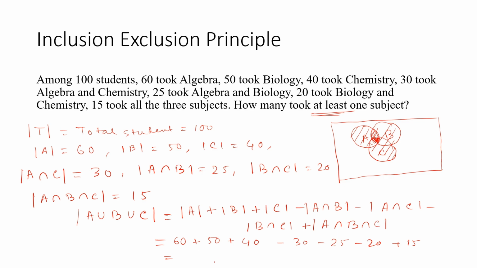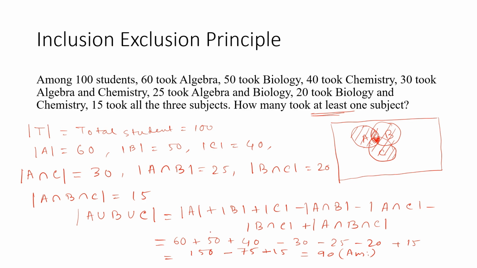By calculating this, it will be 150 minus 75, that is 75, plus 15, which gives us the value 90. So, how many took at least one subject? The answer is 90. 90 students took at least one subject.